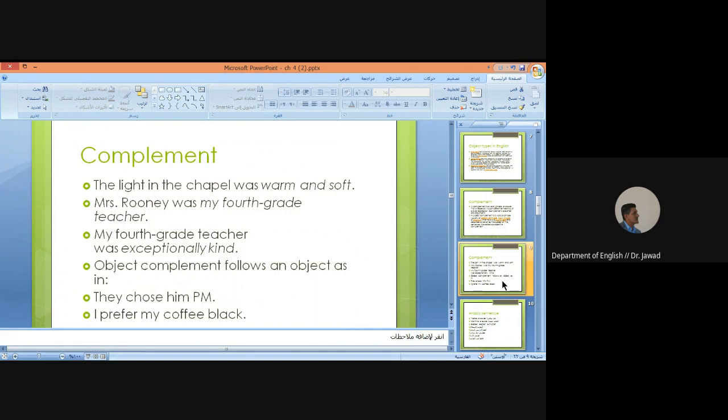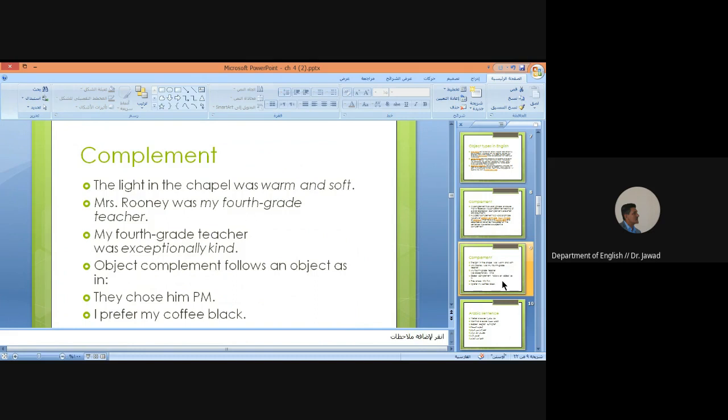She is my fourth grade teacher. And in such relational clauses, in such equational clauses, we can reverse the positions of the subject and its complement. We can say, my fourth grade teacher was Mrs. Rooney.